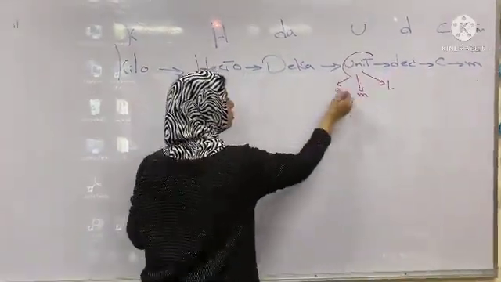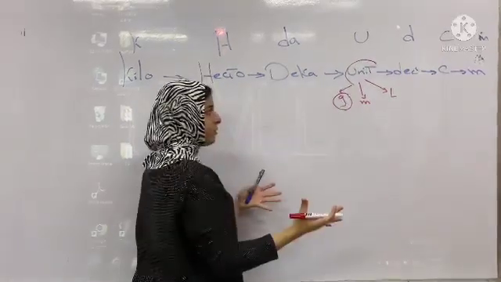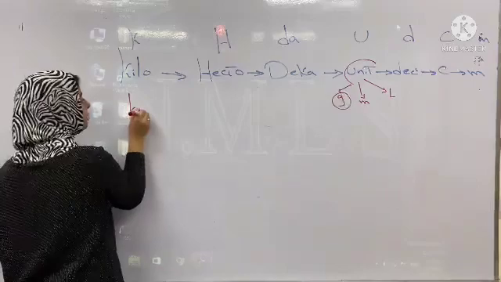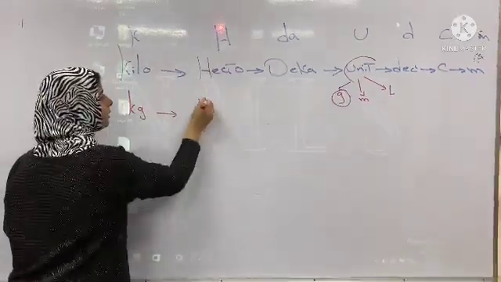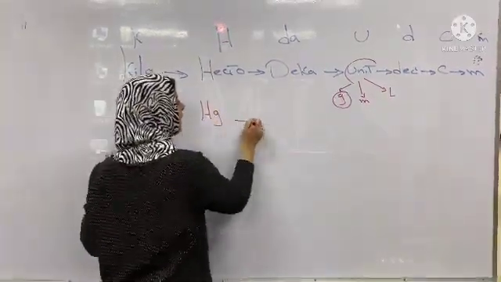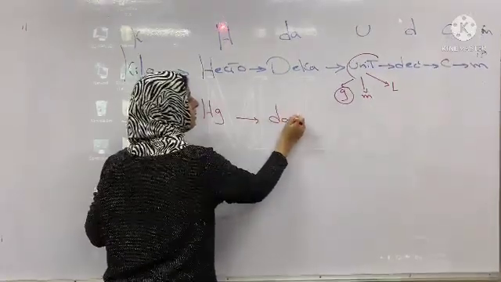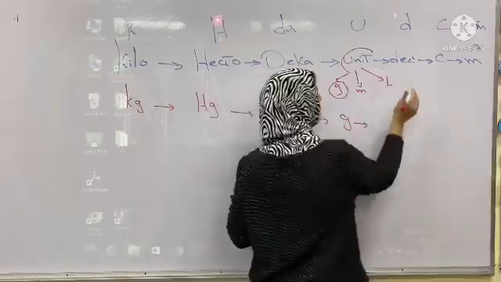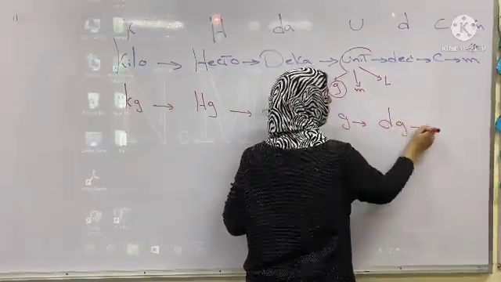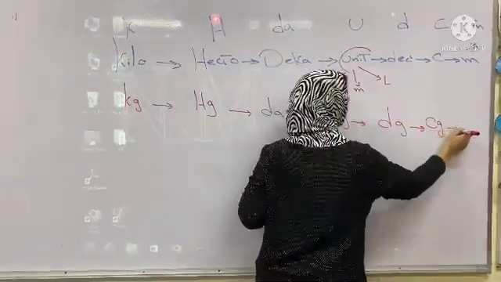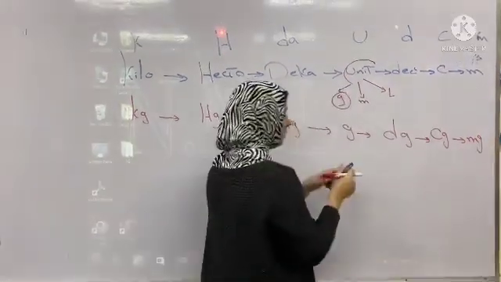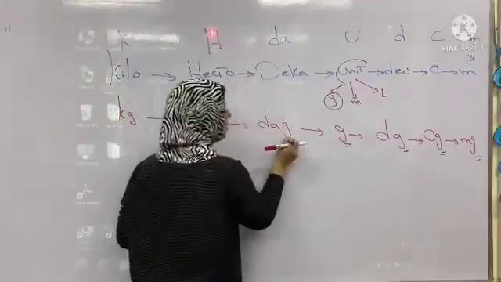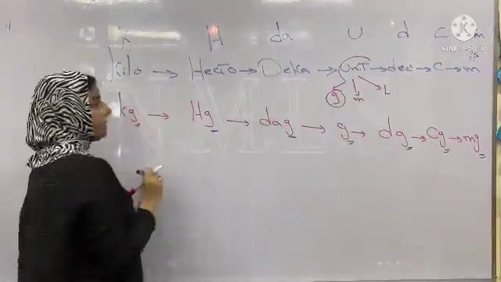So if I choose gram, and I'm gonna use the gram in my units to convert, it will be kilogram, and hectogram, and decagram, and my unit gram. So it will be decigram, and centigram, and milligram. So my unit here is gram. That means I measure the weight.